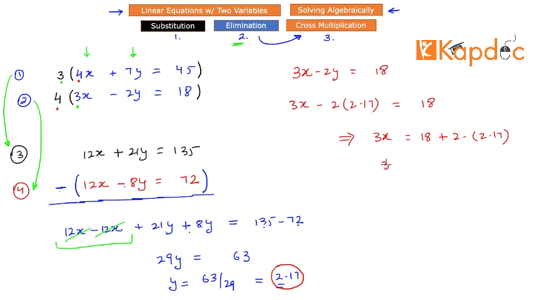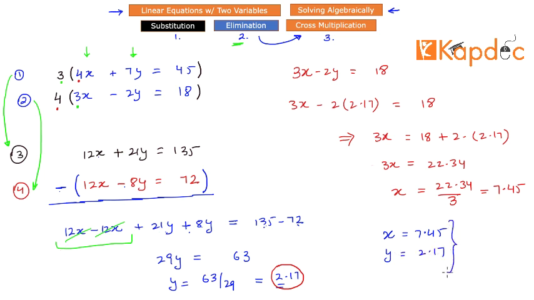Solving this gives you 3x is equal to 22.34, and then that gives you a value of x is equal to 22.34 divided by 3, or in other words, 7.45. So with these solution steps, you have obtained your unique solution to be x is equal to 7.45 and y is equal to 2.17. And this is the solution that you have obtained using the elimination method.